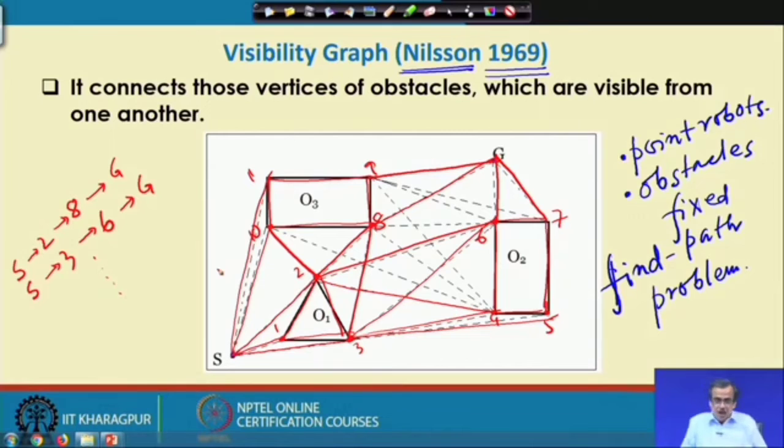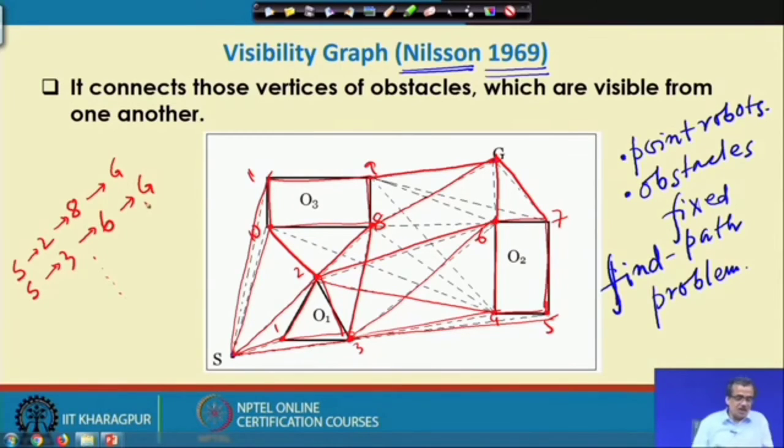Now, out of all the possible sequences, you can find out the time optimal path. These are all collision free paths, and if you want to find the collision free and at the same time optimal path, we will have to take the help of some optimization tool. But Nilsson did not use any such optimization tool.